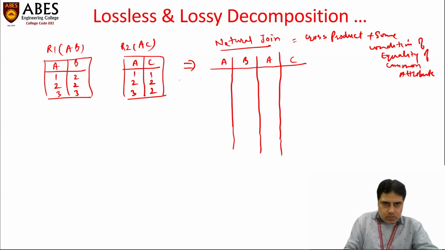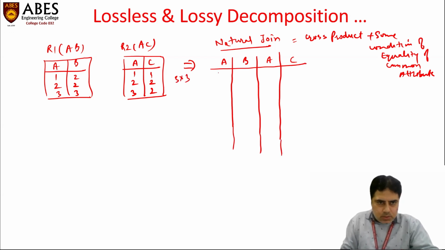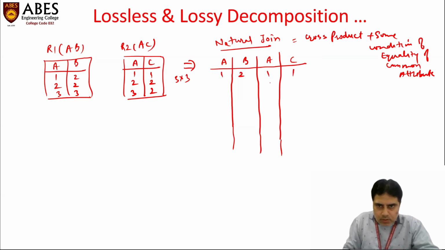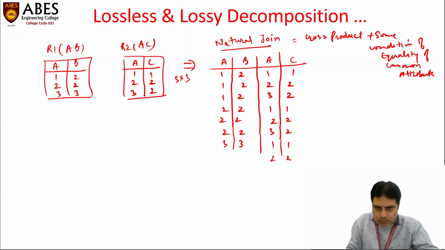There is 3 into 3, total 9 tuples. This is 1, 2, 1, 1, 2, 2, 3, 2. This is the cross product. 1, 1, 2, 2, 3, 2. Now here is 3, 3, 1, 1, 2, 3.